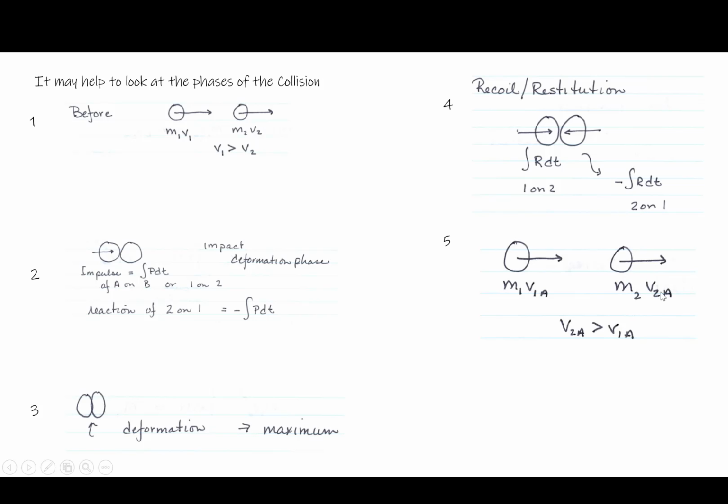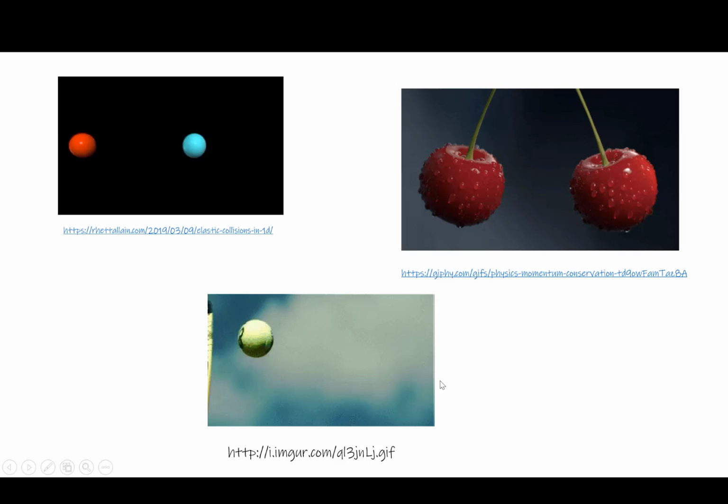We know by experience that the velocity of ball 2 is going to be greater than the velocity of ball 1. And if the masses are the same, the other ball is going to travel off with the velocity of the first ball, provided I don't lose what? Energy. And for the most part, like we saw back in the laboratories that we did, I get good conservation of energy or conservation of momentum. Yes, there's some experimental error, but we can actually see it. So it does help if we look at those phases of a collision.